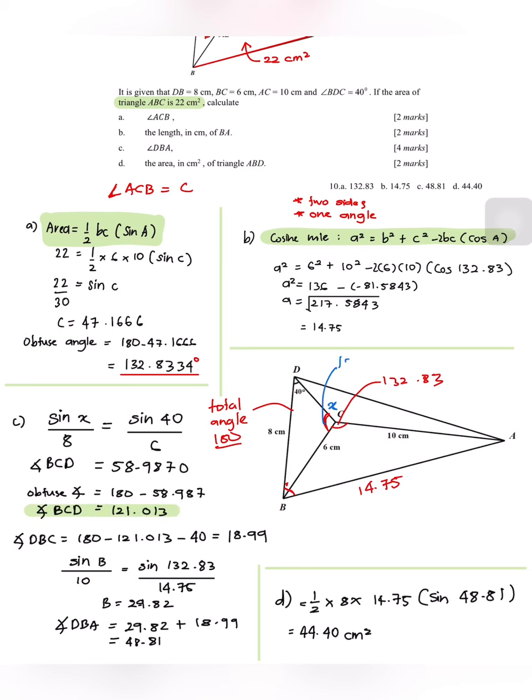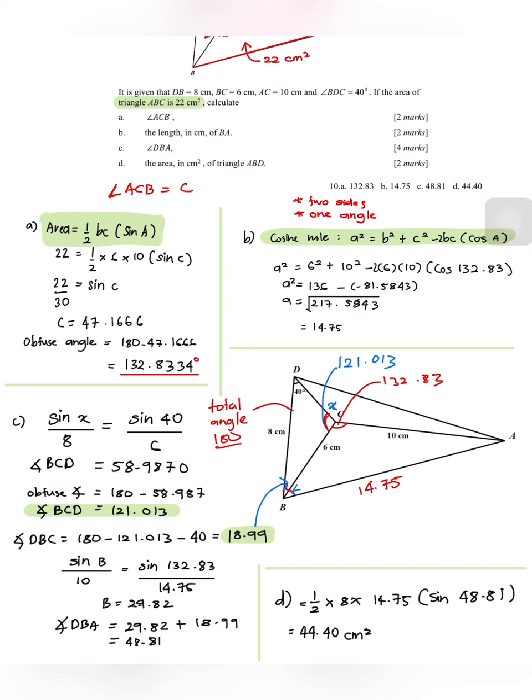Here we get 121.013. After we have two angles in the triangle, we can find this angle using the total angle of a triangle. So 180 minus 121.013 minus 40, and we will get 18.99. So 18.99 is here.